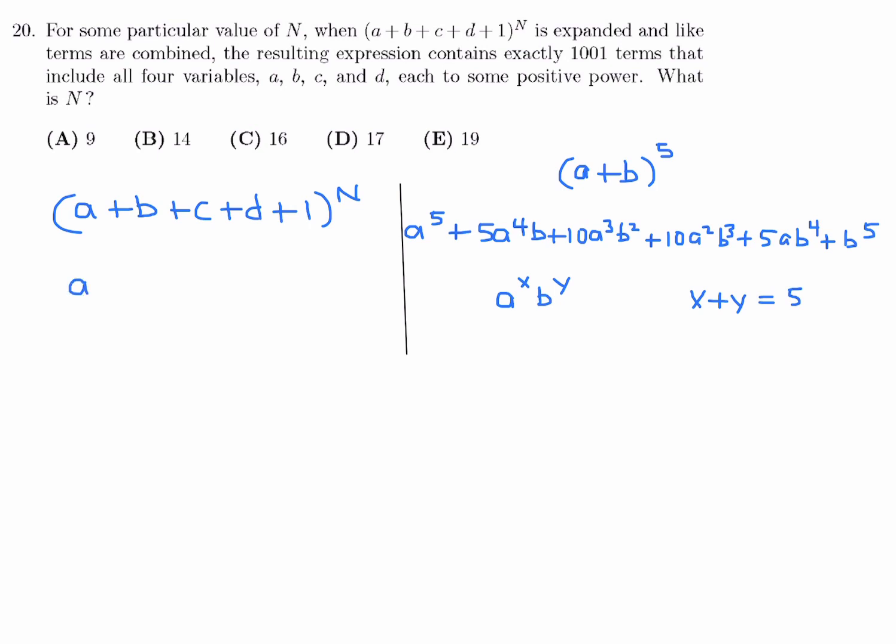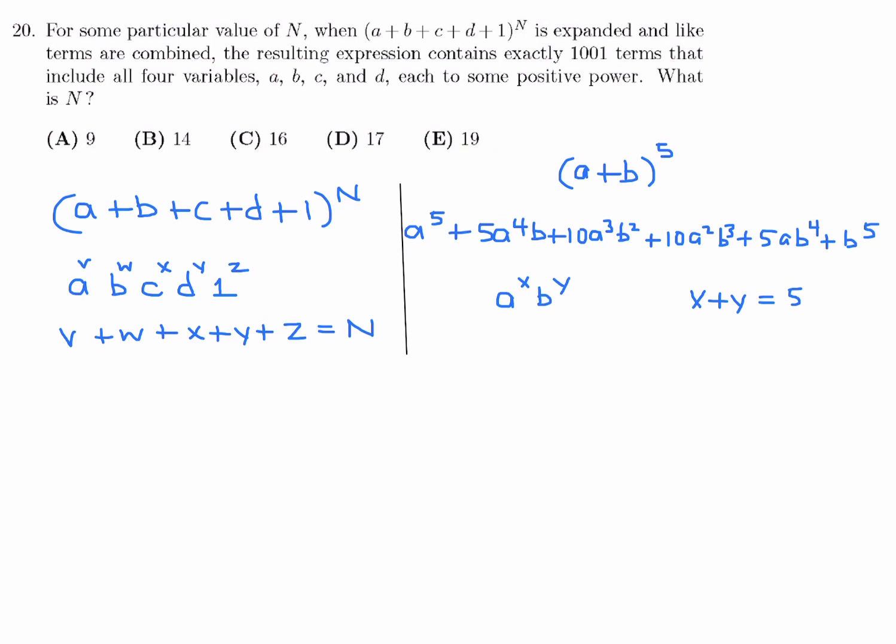But one thing I can conclude is that if each term is of this form, the exponents, whatever you want to call them, v, w, x, y, z, let's say, we know for a fact that v plus w plus x plus y plus z is going to be equal to n. All right, just like how I did over here. So no real tricks, just the basics.